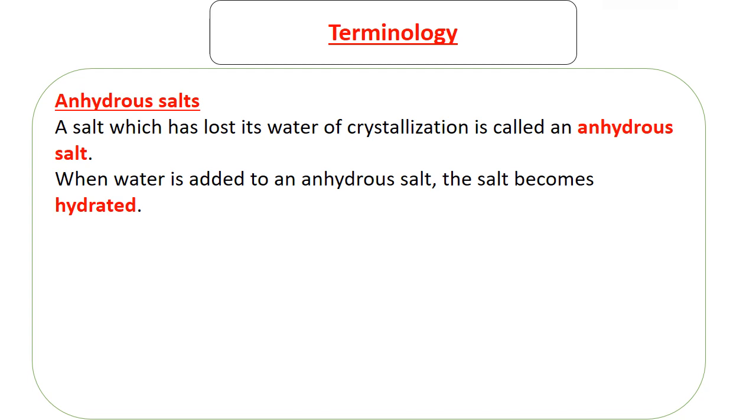When water is added to anhydrous salt, the salt becomes hydrated. In short, anhydrous salt is meant to have some water of crystallization, but it has just lost it. So when you add water to it, it can go back to a hydrated salt.